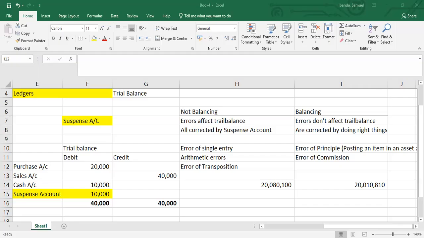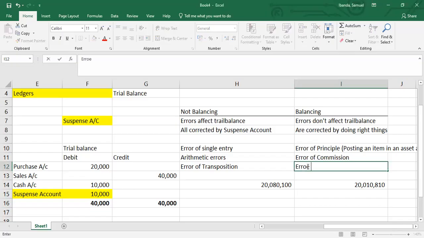Other than the error of commission, we also have, similar to this, what we call the error of omission.